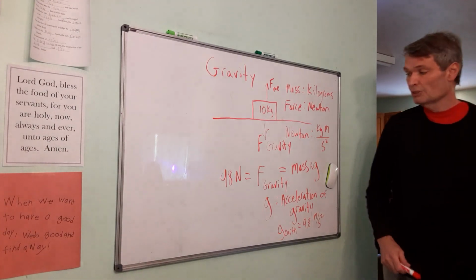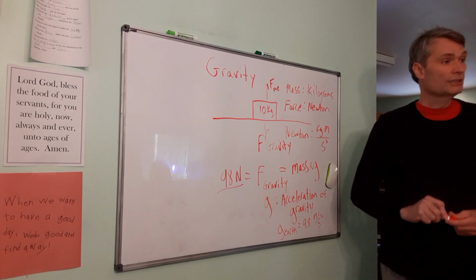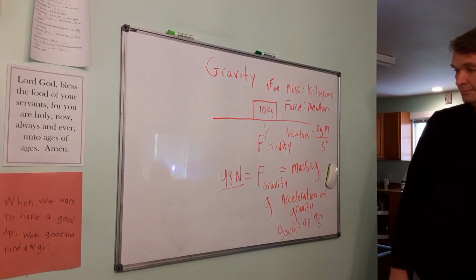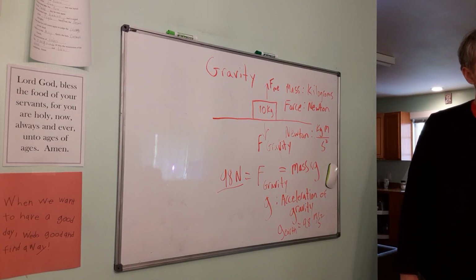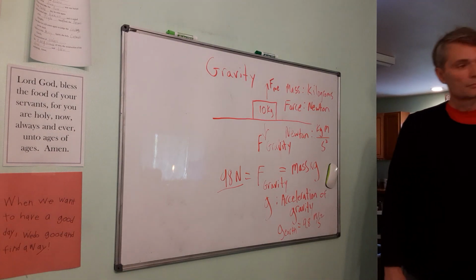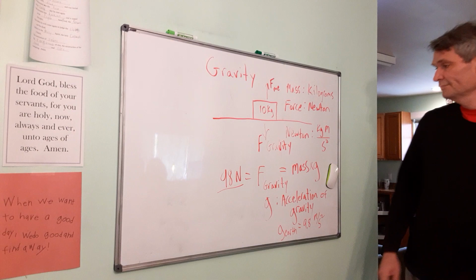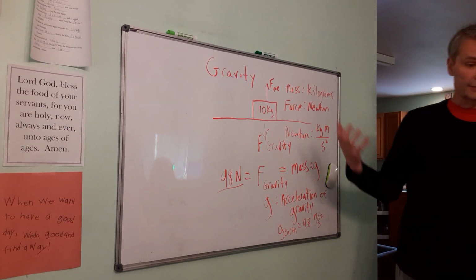So basically, this is essentially the force I have to apply to move it. Got it. So to figure out the force you need to move an object, you use that equation. Indeed. So this is the force of gravity.